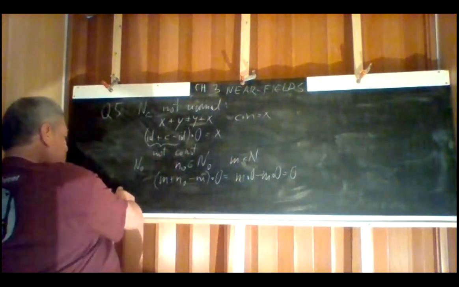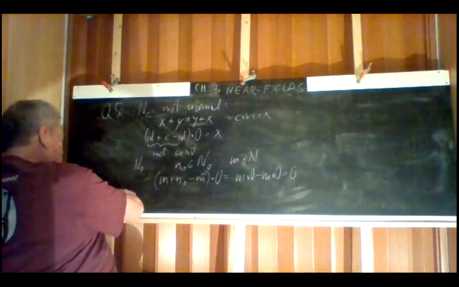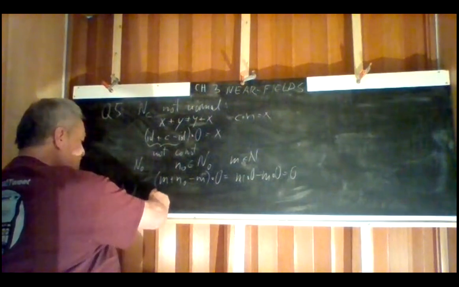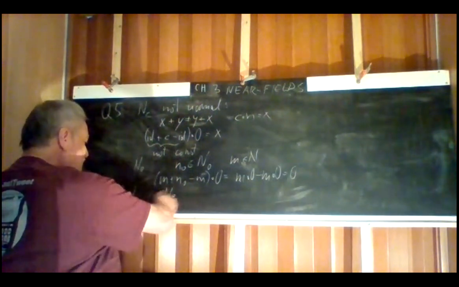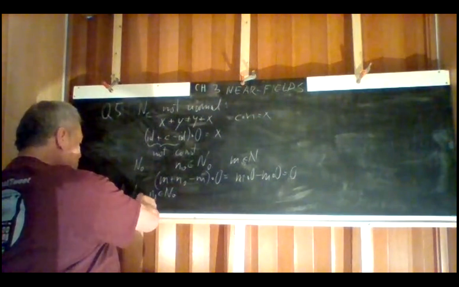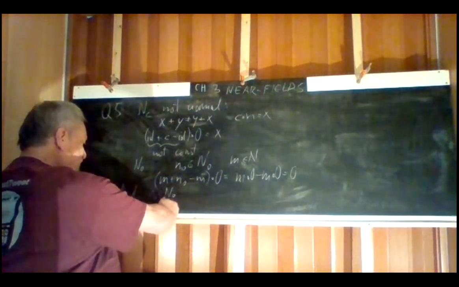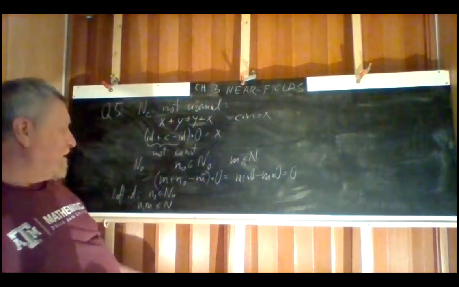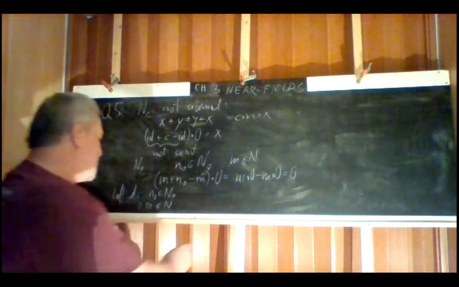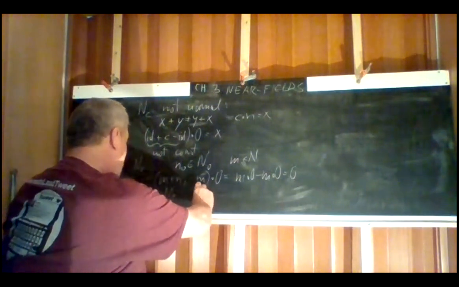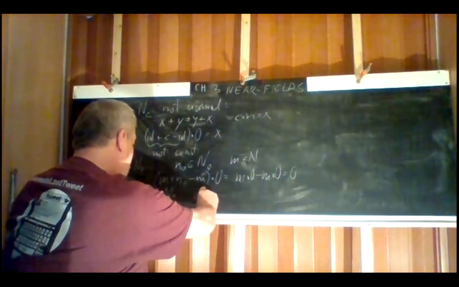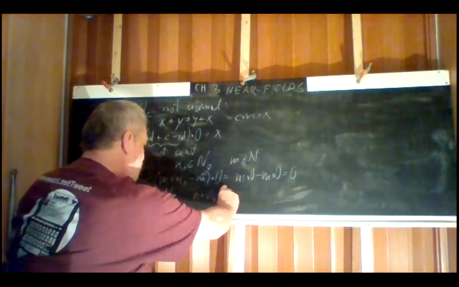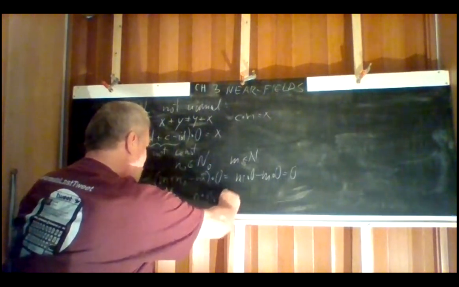For a left ideal, take again n in N sub 0, take again some n and m in N, and now we have this strange looking condition for left ideals: n plus n' minus n, that's sufficient.